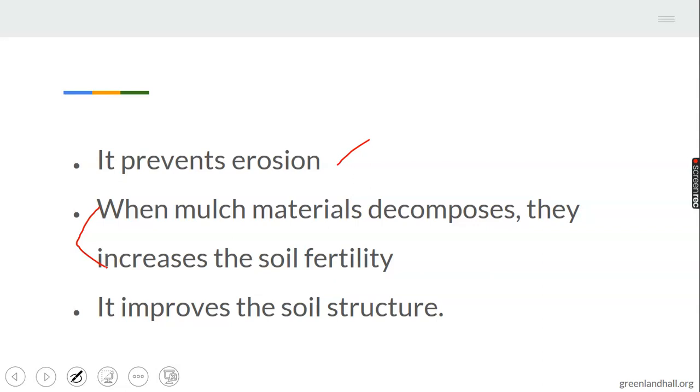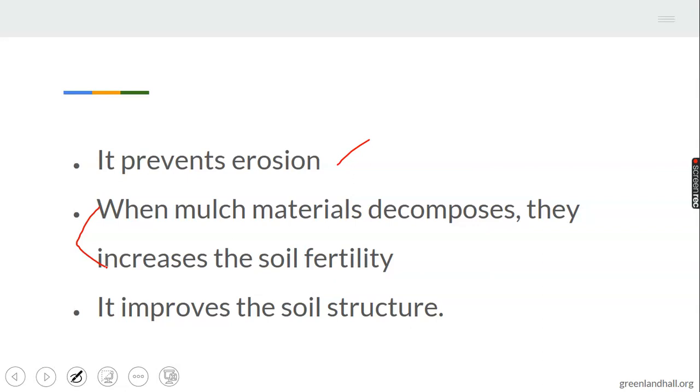That is under green manure. When plant material decomposes, it adds nutrients to the soil to increase the growth or the yield of the plants.